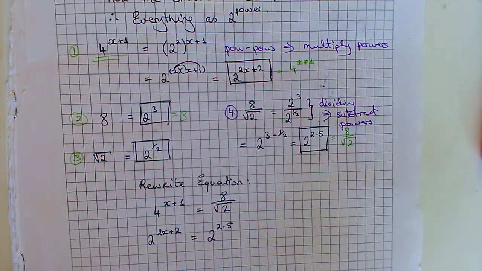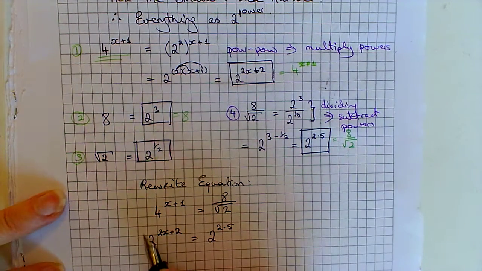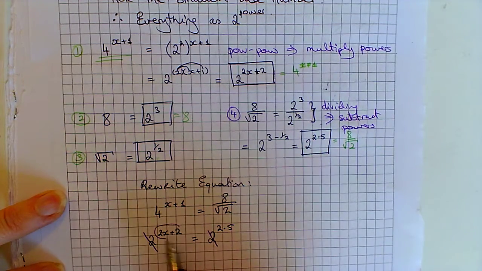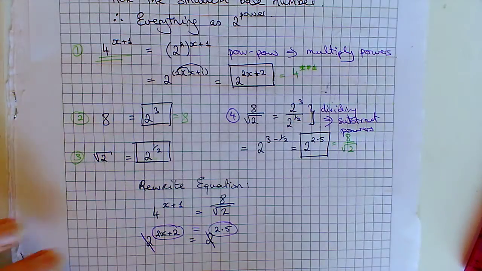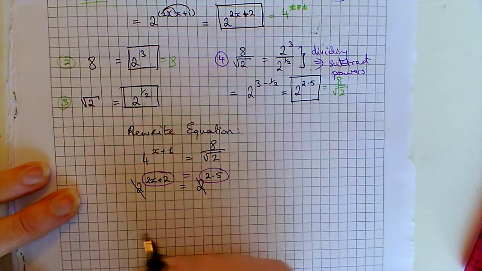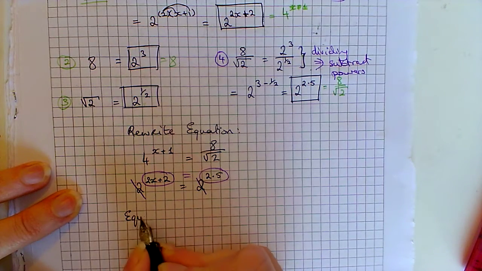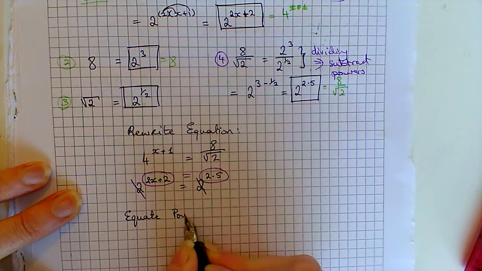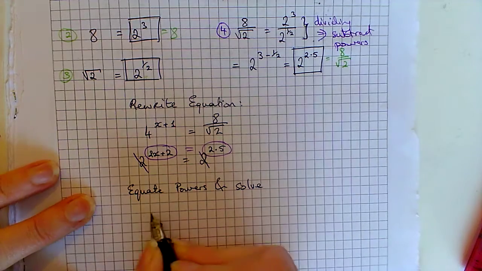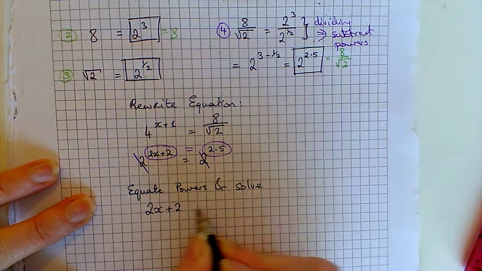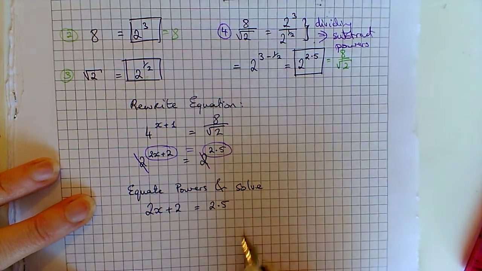Now I have a single base, a single term on each side with the same base, so I can say that the powers are equal to each other. And then I can equate the powers and solve. So that means that 2x plus 2 is equal to 2.5.